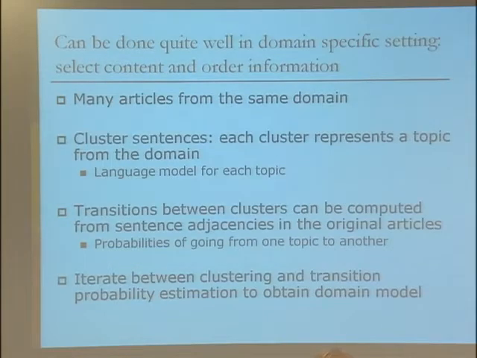It only works if you have a specific domain, so if you know what sort of domain your inputs will be coming from. Then you can do something smarter that you can actually integrate in summarization, and that has been integrated in summarization. But I won't talk about it, and it's only one direction of work. Bottom line is information ordering is a very interesting, very open area for research.